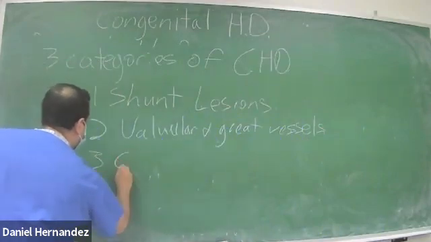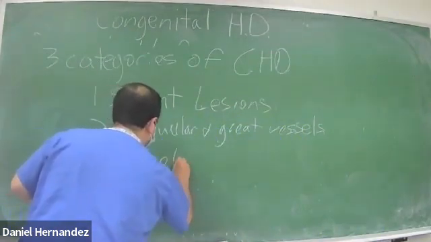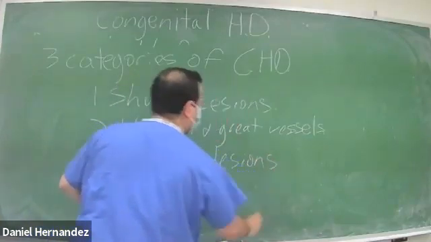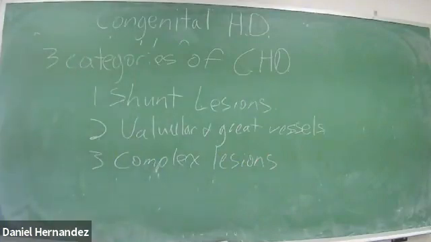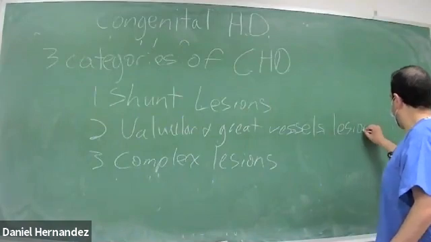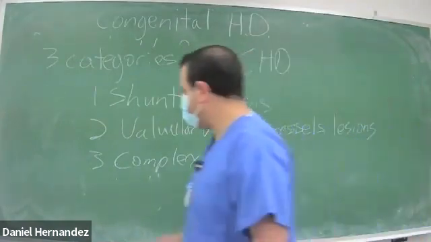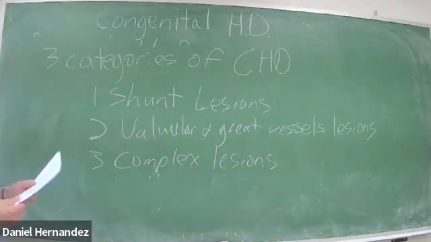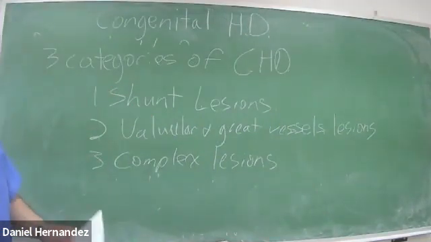And our third is going to be complex lesions, which is going to be a combination of the two. An example of that would be our tetralogy of Fallot. I'm going to spend this class primarily focusing on our first one here, our shunt lesions.